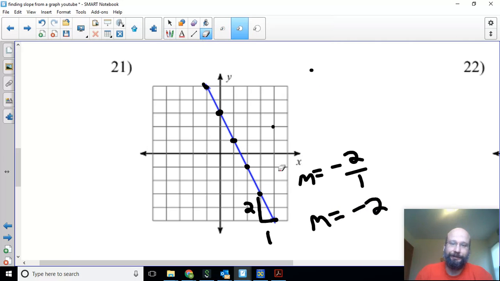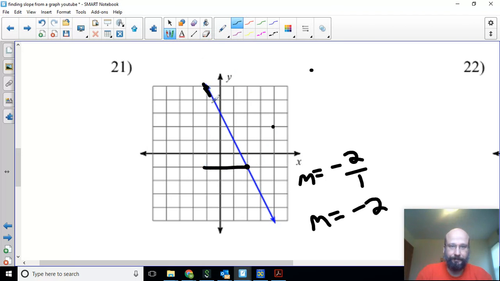Again, just to show you, it doesn't matter which 2 you picked. Let's say I didn't pick these. Let's say I picked those. So I connect them. I cannot draw a horizontal line to save my life. I cannot draw a vertical line. And then we count. So 1, 2, 3, 4, 5, 6.